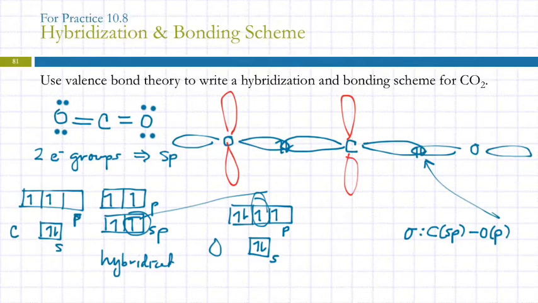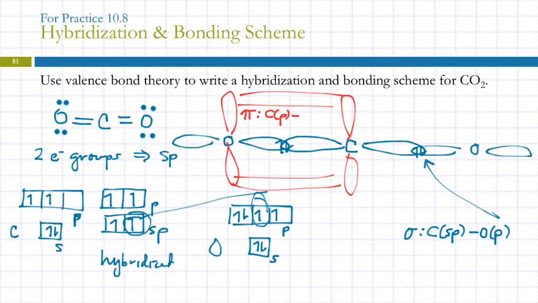Since it's not involved in the bonding, we're just going to ignore it because that makes our drawing really cluttered. So these can overlap side to side, right? And that would be a pi bond between a p orbital on carbon and a p orbital on the oxygen.